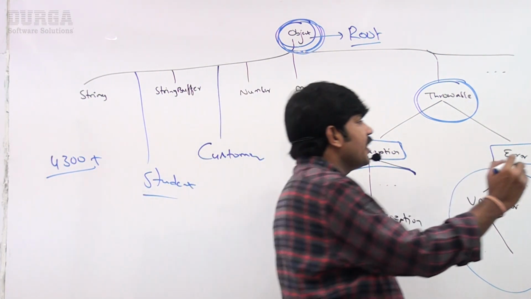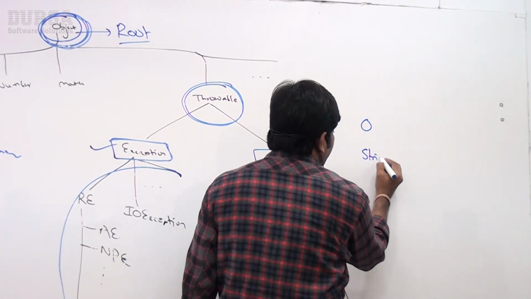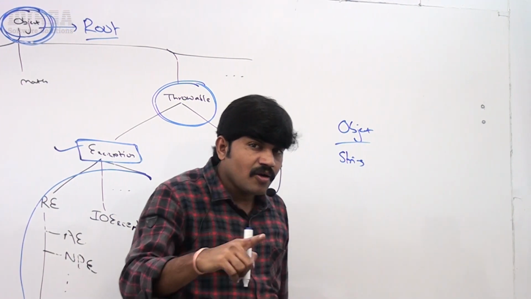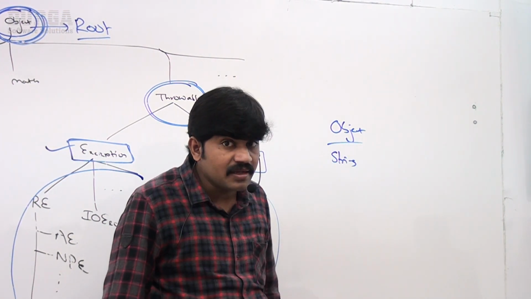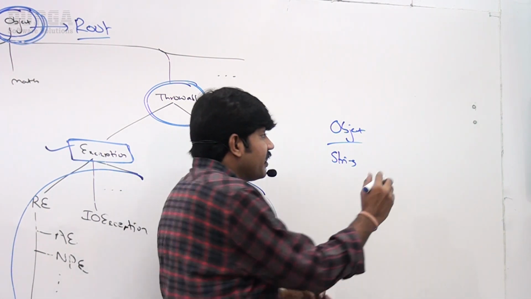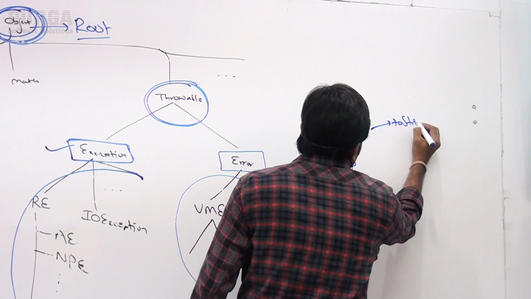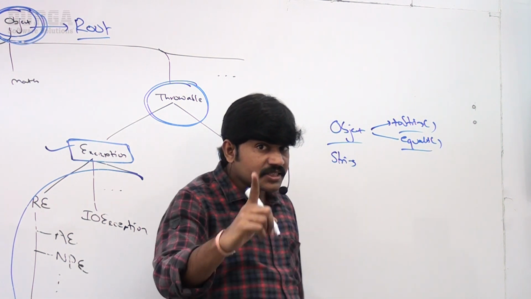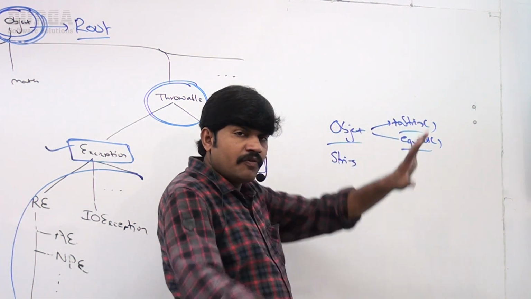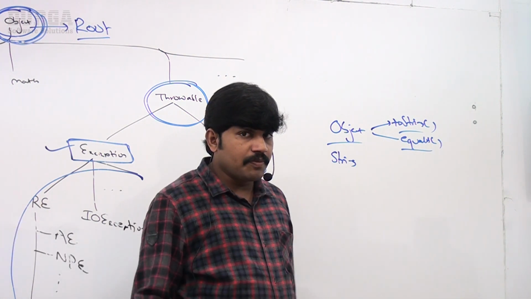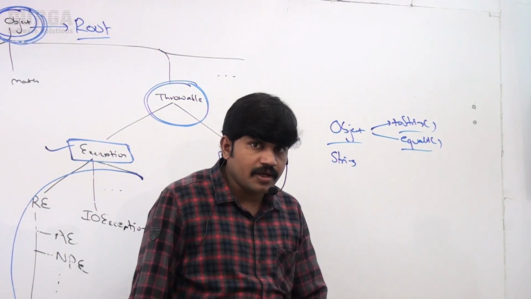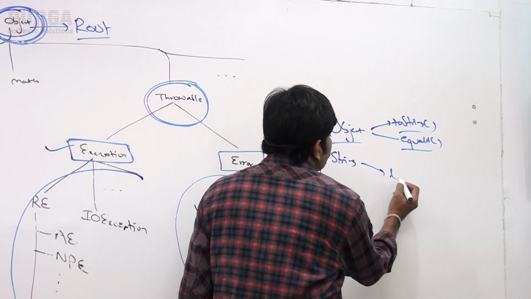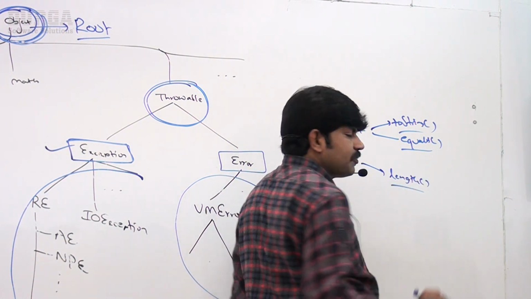Let me compare. I have the Object class and I have the String class. Listen carefully. The Object class contains several methods: toString method, hashCode method, equals method, and there are several more. These methods are required for all Java classes, whether it is Student, Customer, String or StringBuffer. But the String class contains, assume, the length method, which tells how many characters are present inside a string.